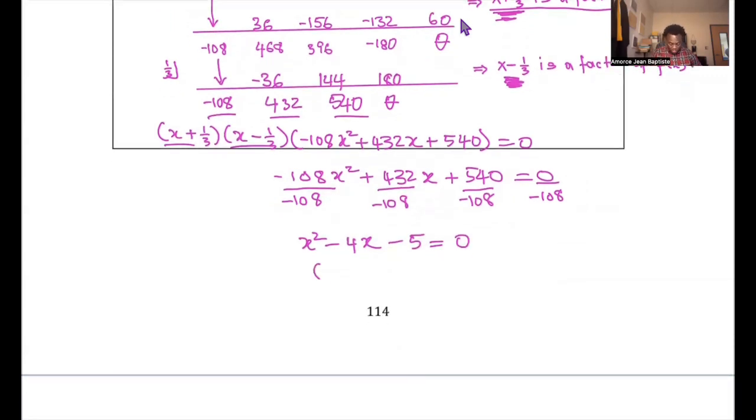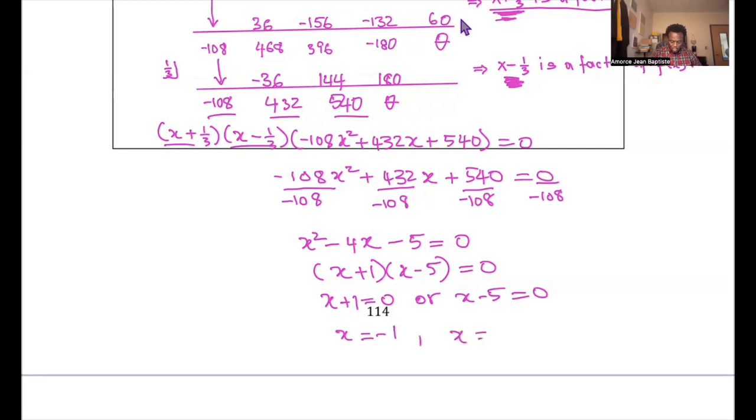So then we can factor this as x plus 1 times x minus 5 equals 0. So we get two factors, x plus 1 equals 0, or x minus 5 equals 0. x equals -1, x equals +5.